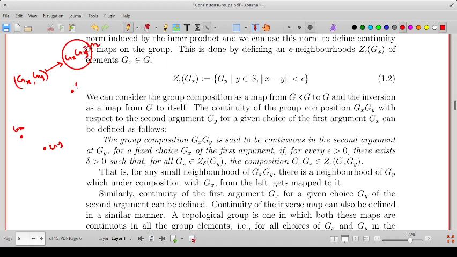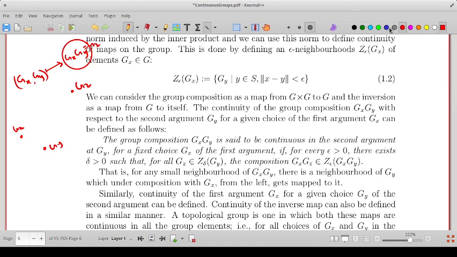So gx gy is gz. So we are fixing gy, and then this composition corresponds to a mapping from gx to gz. And we are looking at how we can define the continuity of this map at a particular point gx, with respect to the first argument gx.